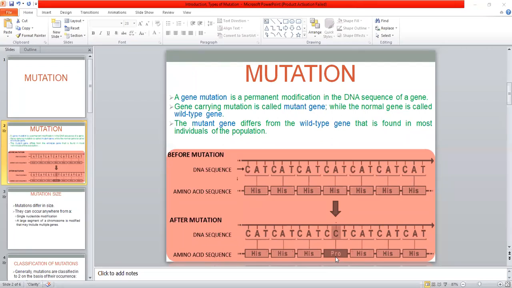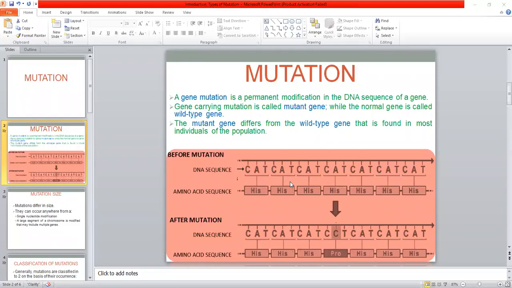So due to this new amino acid, the end product of this DNA would be a different or modified protein, and this modified protein may not have the same function as the normal protein produced by this DNA sequence.